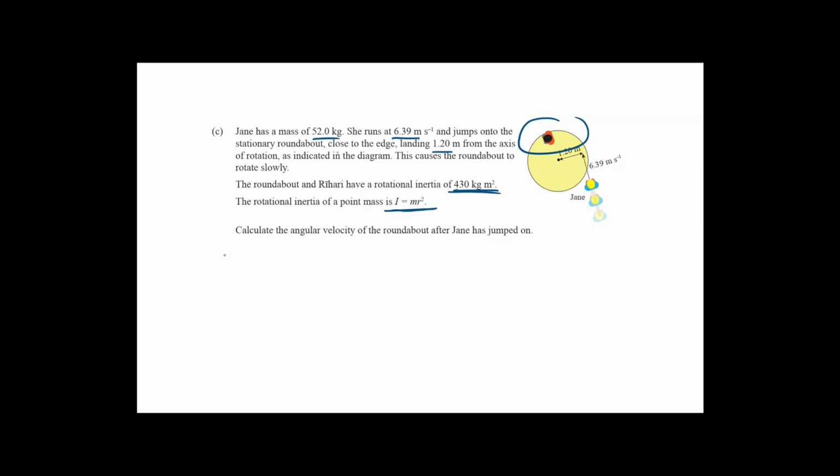This is actually a perfectly inelastic collision. So if you try to use energy equations, you would probably come a cropper. Much better to use momentum. All right, so the angular momentum that Jane imparts onto this is going to be, I'm going to need to look at the formulae.